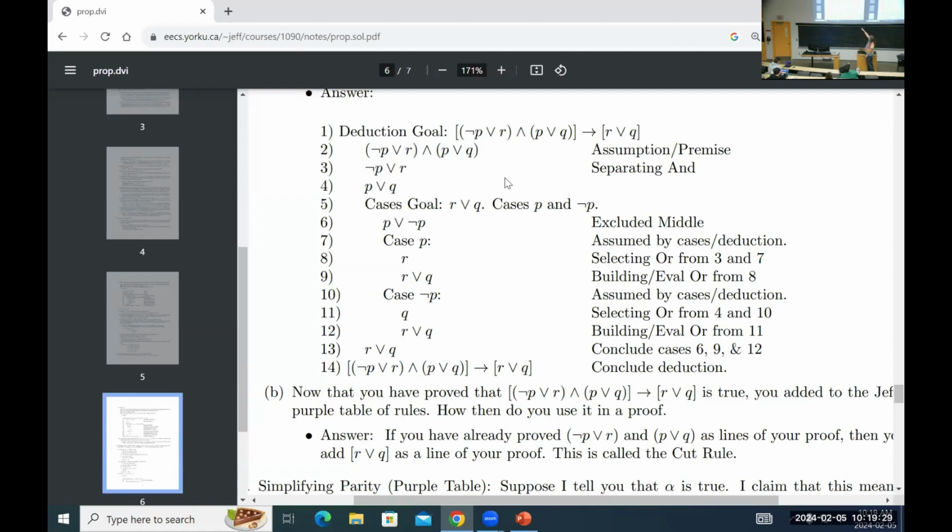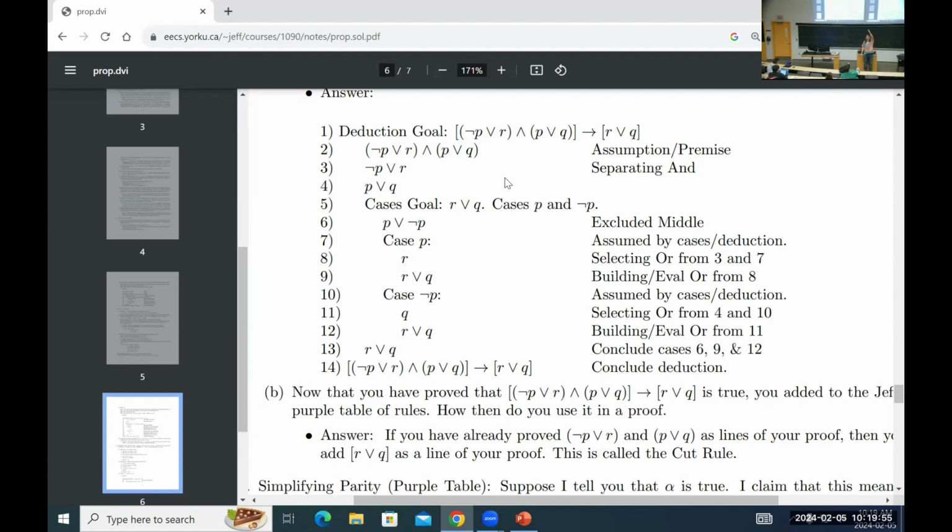Because where am I going? I'm going to R or Q, right? So from R, what do I do? Well, it's hard to know what I'm doing from R. So I then flip to where I'm going, which is R or Q. And if we were going backwards, how do you prove R or Q?